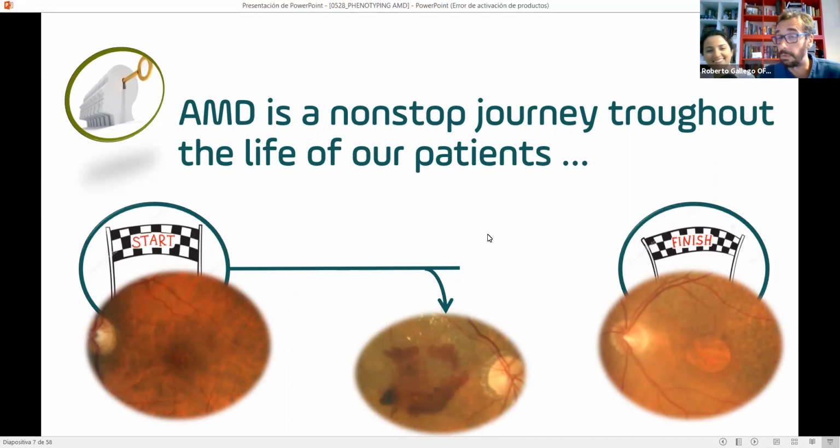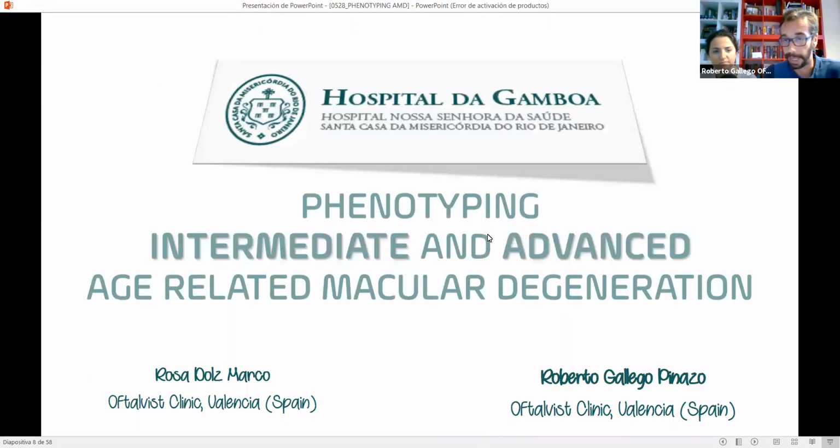Macular neovascularization may develop in some patients, trying to stop that journey. This is very unlikely to happen in many cases. So this is the general overview of what happens with AMD in all cases. That only depends on how long the journey will be.